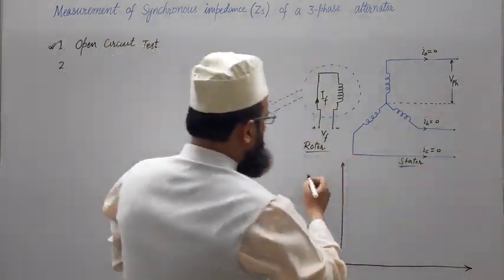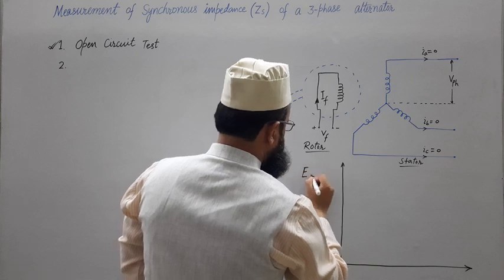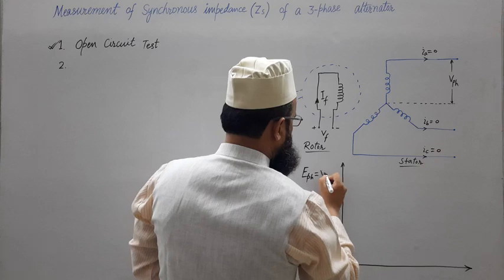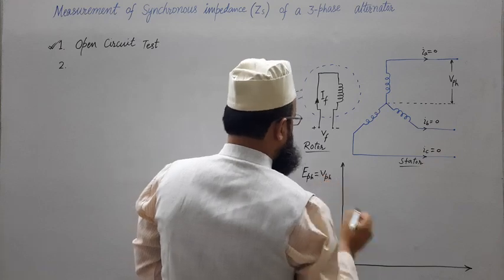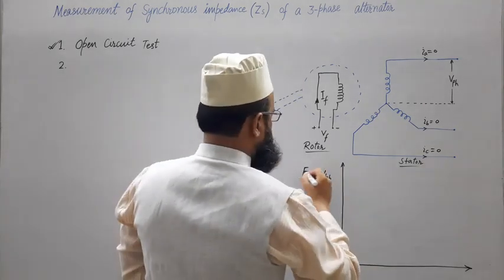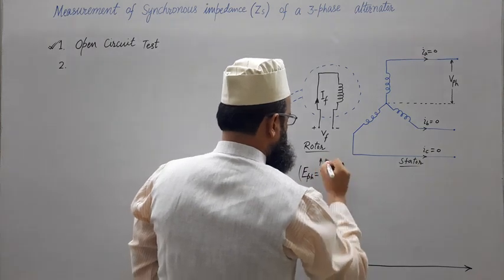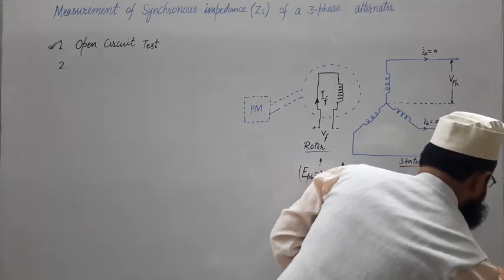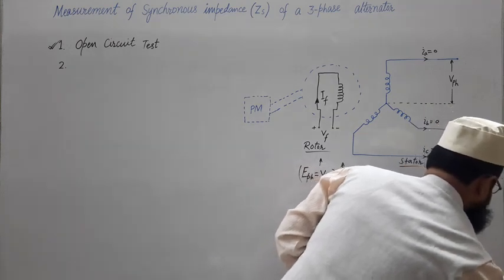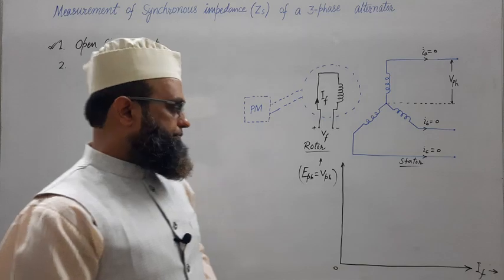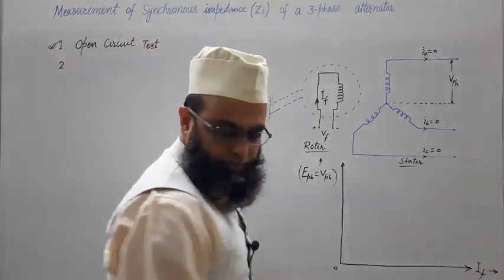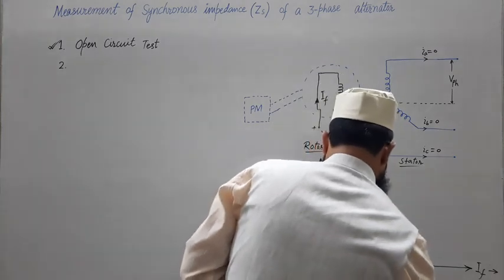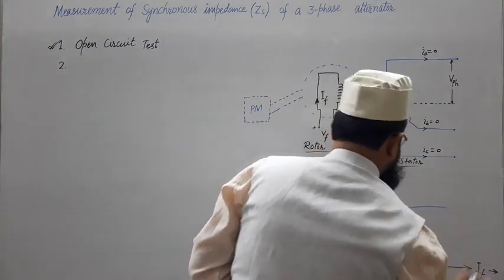So if we take EPH, which is equal to VPH, on the vertical axis, with 0 here, and field current on the horizontal axis, then we will get some plot like this.